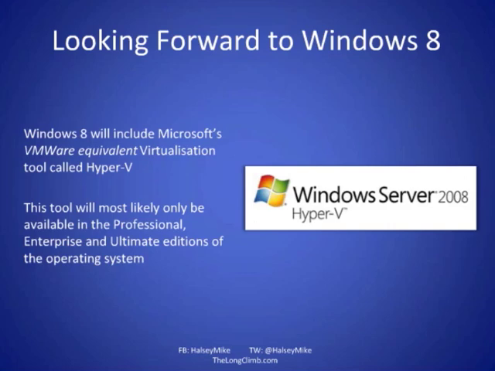It's as powerful as VMware. It's not for the faint-hearted, but it is being built into Windows 8. Now, details currently are a bit sketchy. It is assumed that it will only be in the Professional, Enterprise and Ultimate editions of Windows 8. However, there's also a rumor going around that there will only be one version of Windows 8. I don't know how true this is. I don't really believe it, even though somebody at Microsoft told me himself.